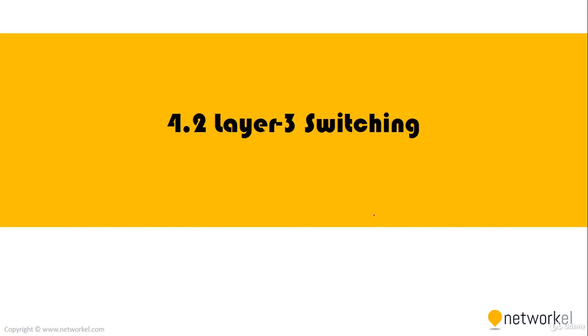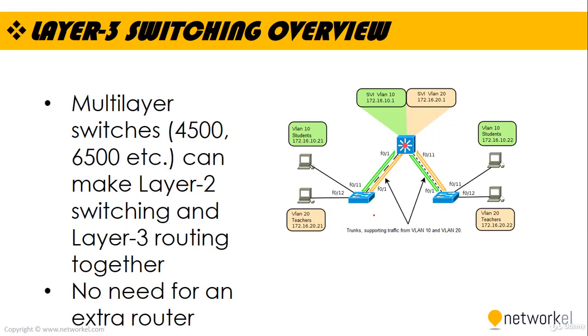Let's go ahead with layer 3 switching now. Guys, traditional network switches operate at layer 2 of the OSI model, while network routers operate at layer 3, as you know. A layer 3 switch is a specialized hardware device with routing capabilities.